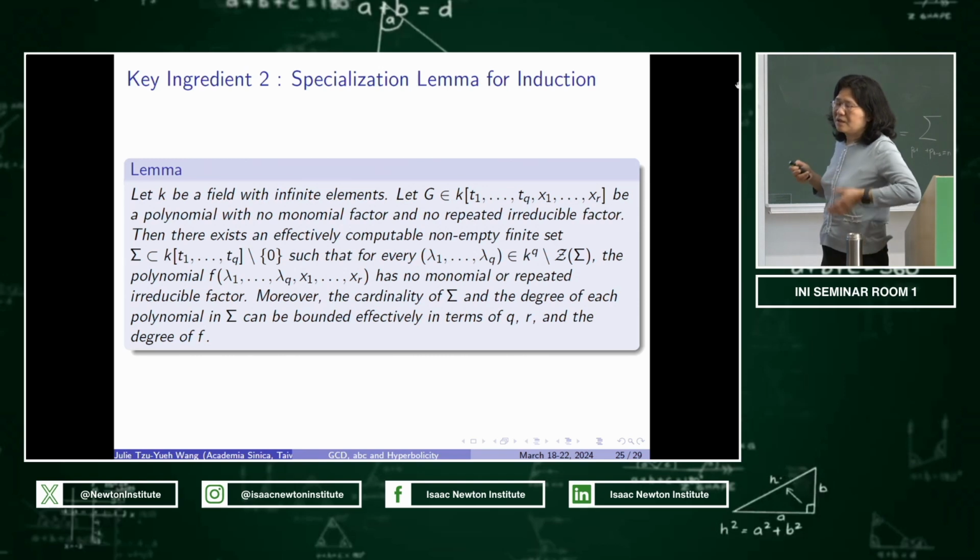Then the exceptional set you can find is actually a Zariski closed set in the first part. So you specialize in the first part and find some exceptional set. If this lambda is outside of this exceptional set, then after specialization, you have a polynomial which has no monomial and repeated factors. And this is the way we can do induction.